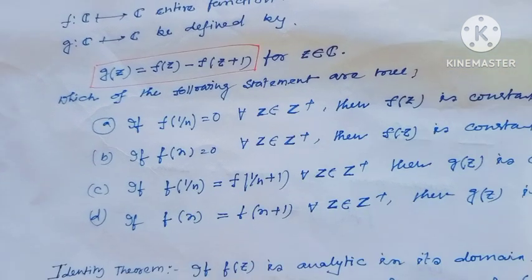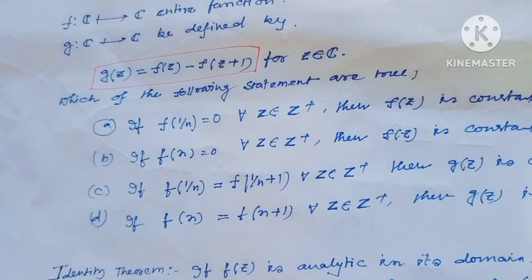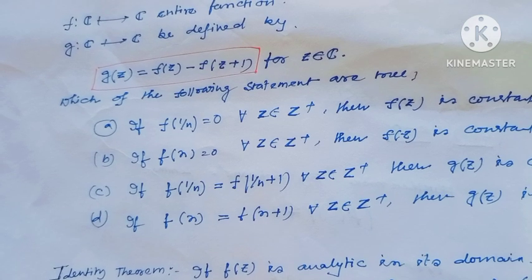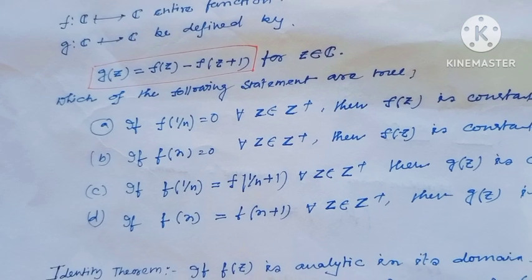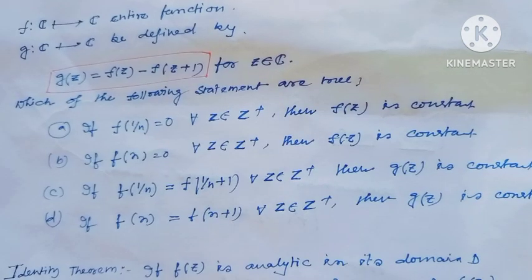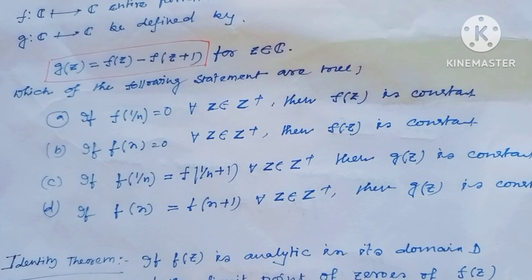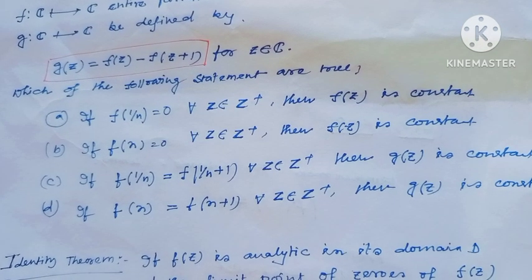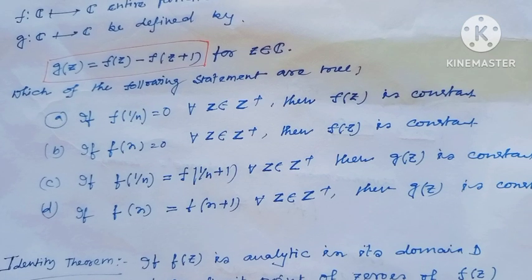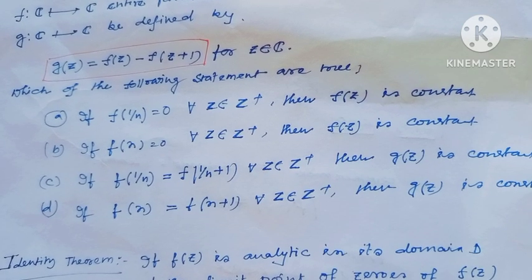A. If f of 1 over n equals 0 for all n belonging to the positive integers, then that implies f(z) is constant. B. If f of n equals 0 for all n belonging to the positive integers, then f(z) is constant.